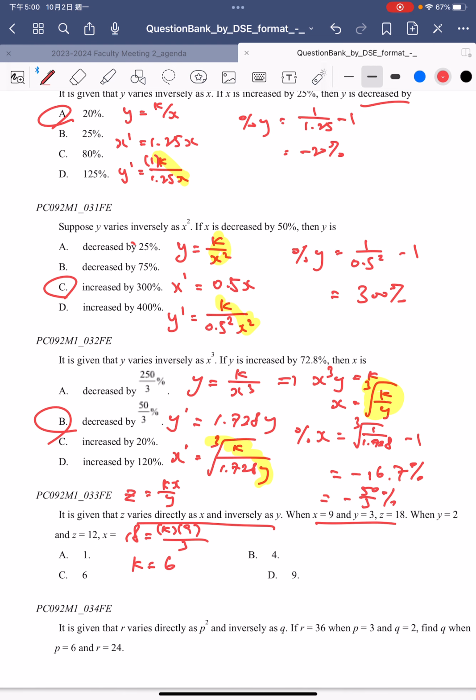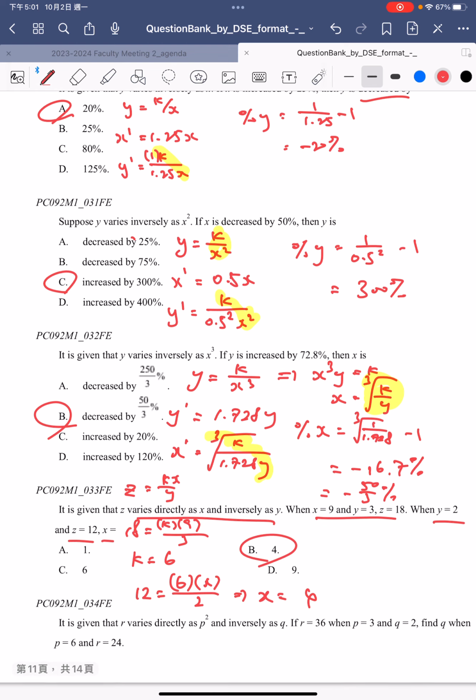Then the question is asking what's the value of x when y is equal to 2 and z is equal to 12. We just substitute back into our equation: z is 12, k is 6, x is what we want, y is 2, so x is going to be equal to 4. So the answer is B.